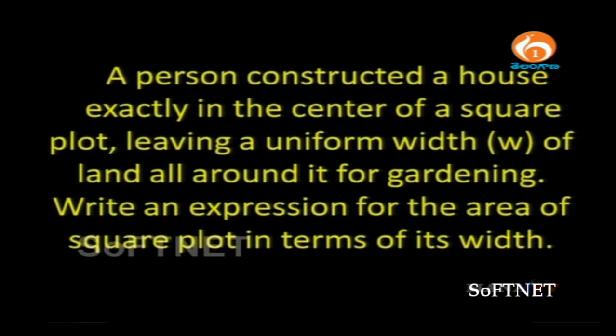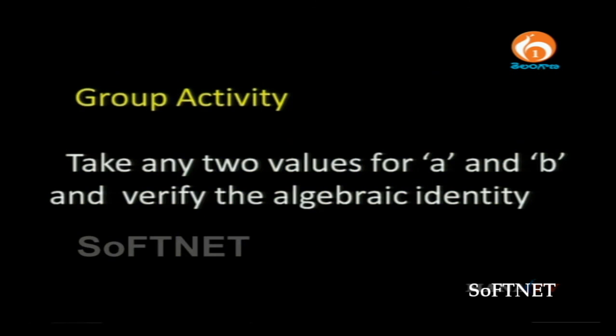Dear children, not only this, I would like to give you a small group activity. Now observe. Here already you have seen one paper activity, the way in which the squares are cut and arranged for verifying.